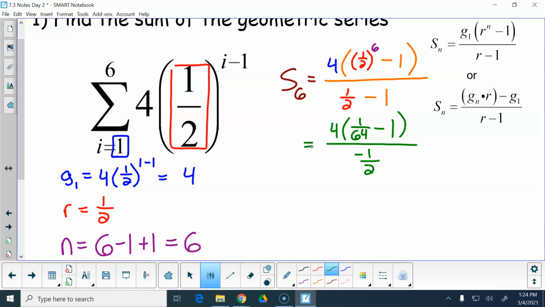When I'm dividing by fractions, I multiply by the reciprocal, correct? Yeah. So if I multiply by the reciprocal, this would be 4 times that number, we'll get to it in a minute, times negative 2 over 1.